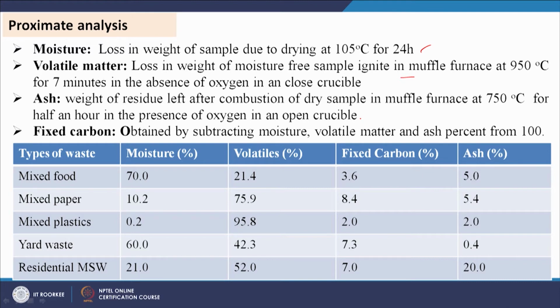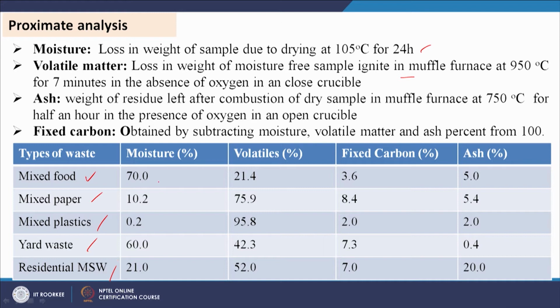Then also its mass will be reduced and some amount will be residual. That will basically be the ash content, and fixed carbon we measure by difference: 100 minus moisture content minus volatile matter content minus ash content. Now, some examples are given here of different types of waste materials, say mixed food, mixed paper, mixed plastics, yard waste and residual MSW.